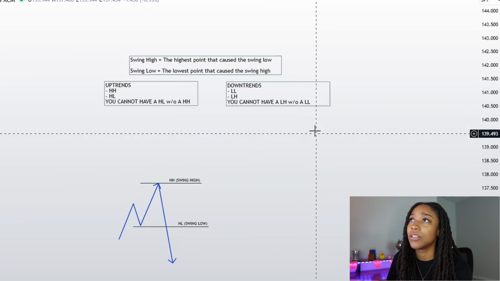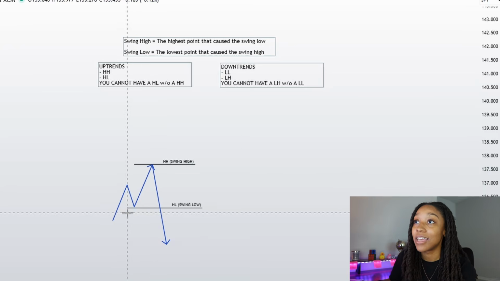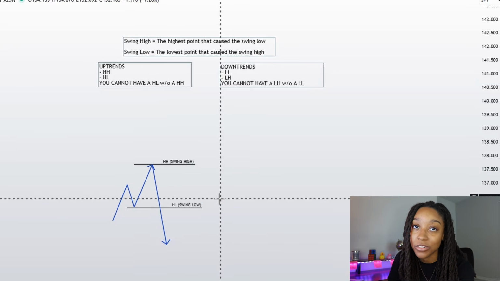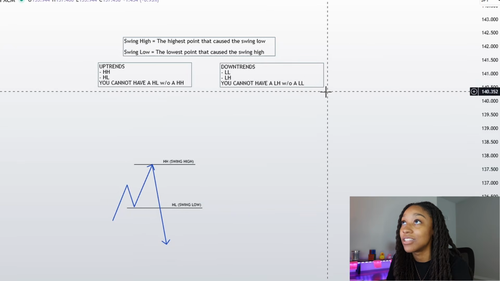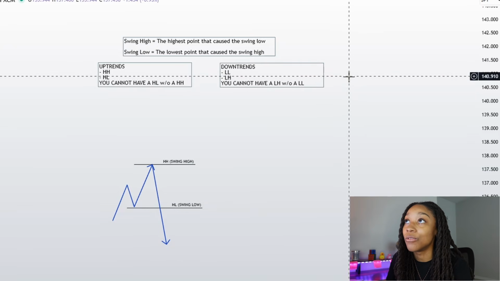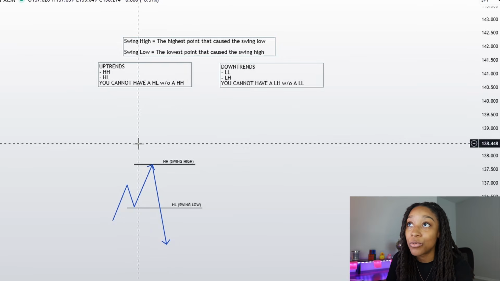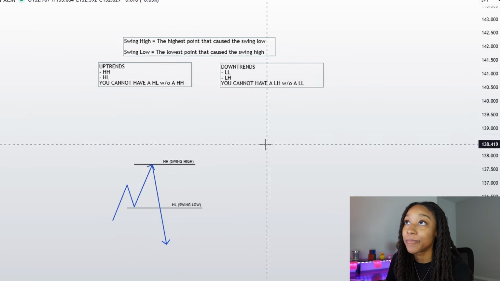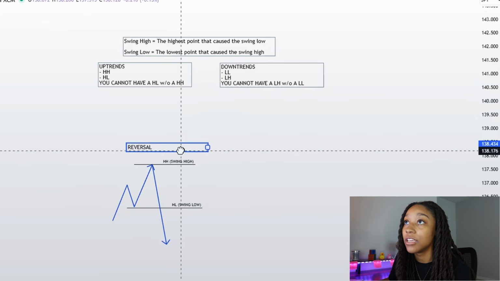You only make a lower low in a downtrend. So when the market breaks a higher low on the uptrend, that is when you are officially switched into a downtrend. Why? Because by definition, a downtrend has lower lows and lower highs. Uptrends cannot have lower lows. So at this point, you officially just witnessed a reversal. So this is officially a reversal in the market.